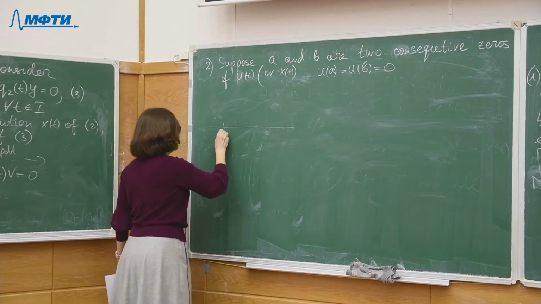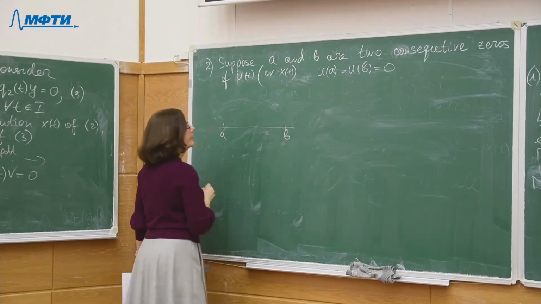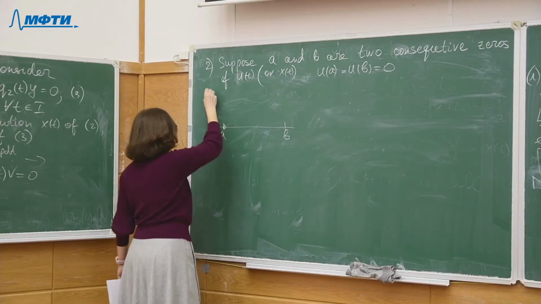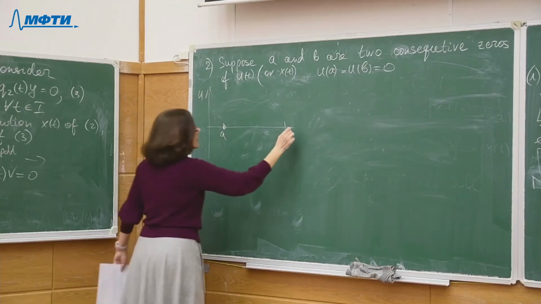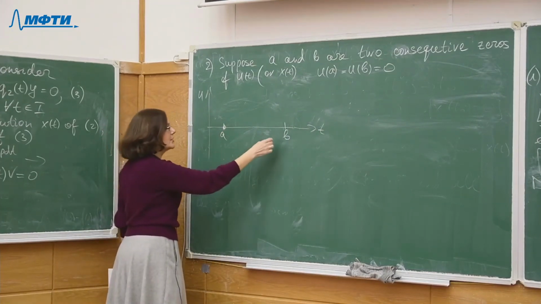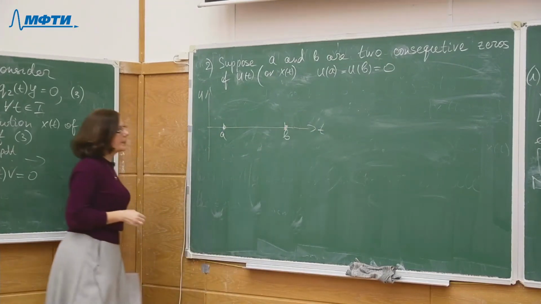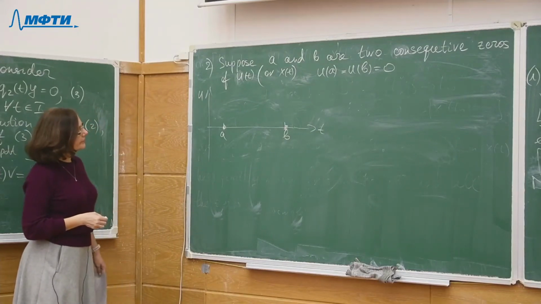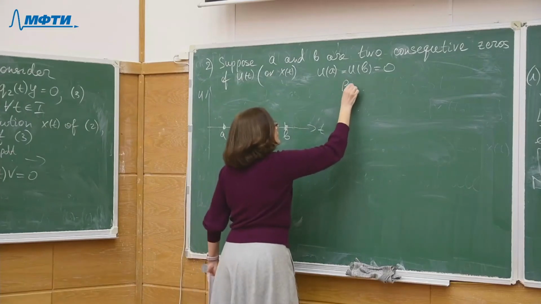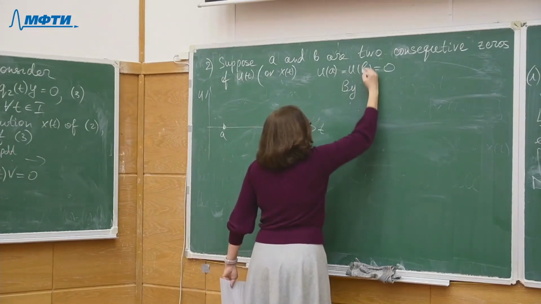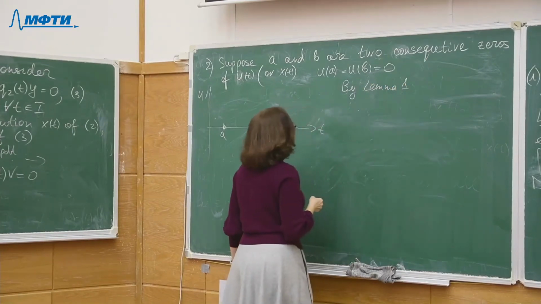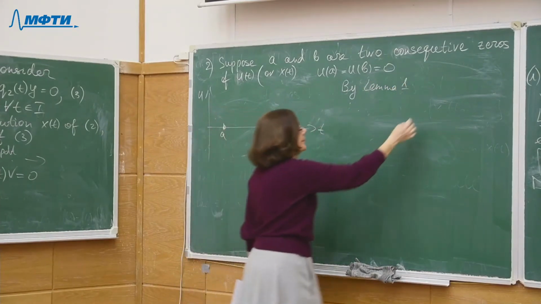So let it be a figure. So this is u, and this is t. u of a equals u of b equals 0, and by lemma 1, they are simple zeros.